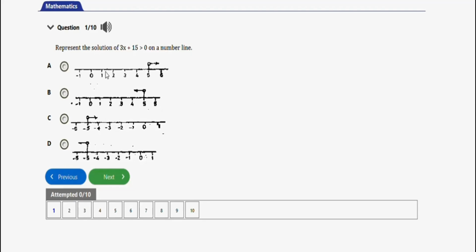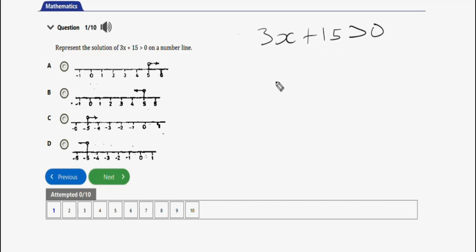So question 1 says represent the solution 3x plus 15 greater than 0 on a number line. To solve it, we have 3x plus 15 is greater than 0.